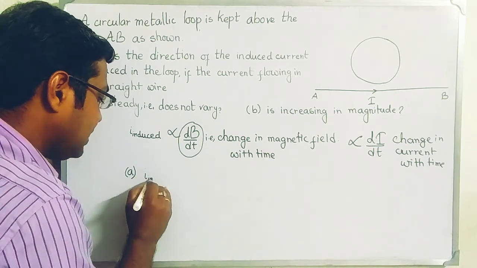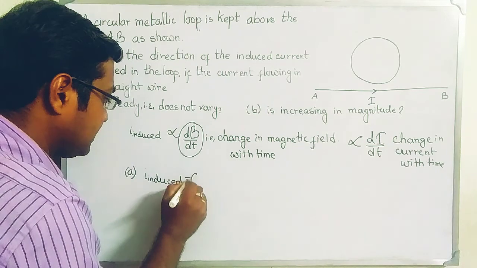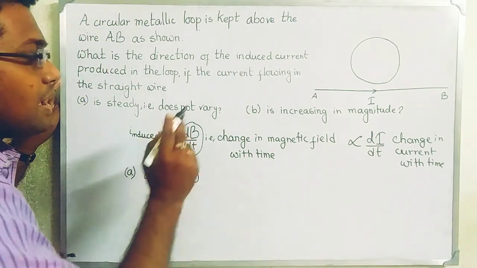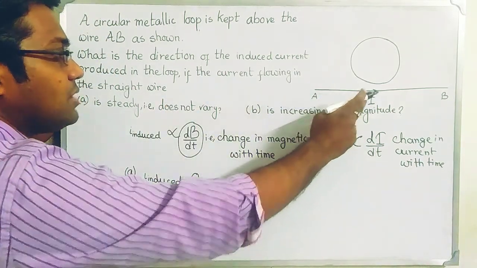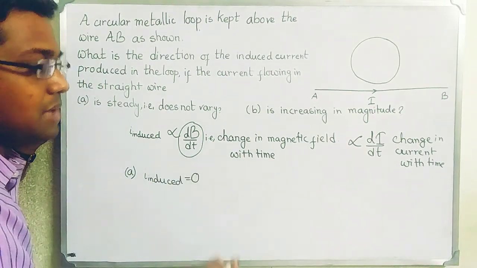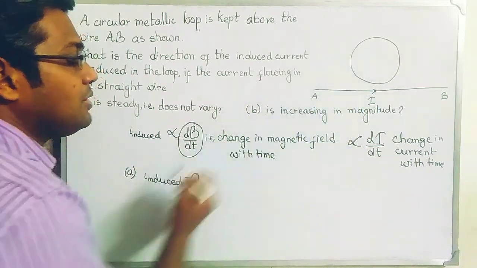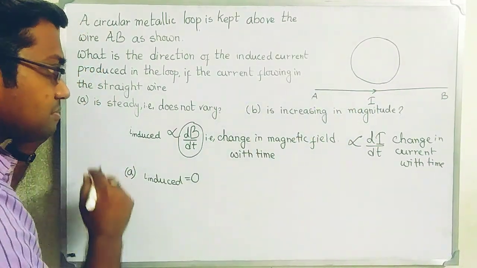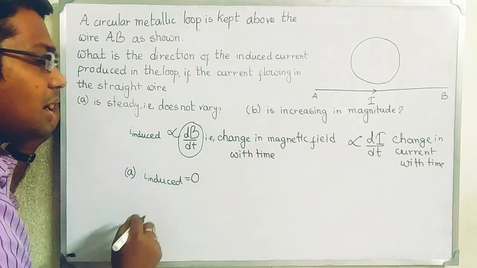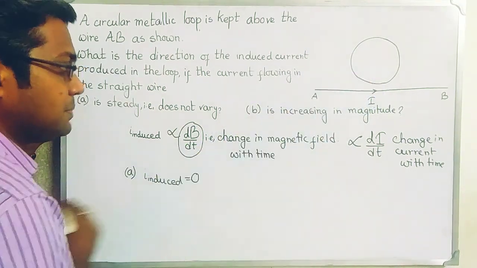So if the current flowing through this wire AB is steady, then the current induced in this circular coil will be 0. No current is induced in this circular coil.